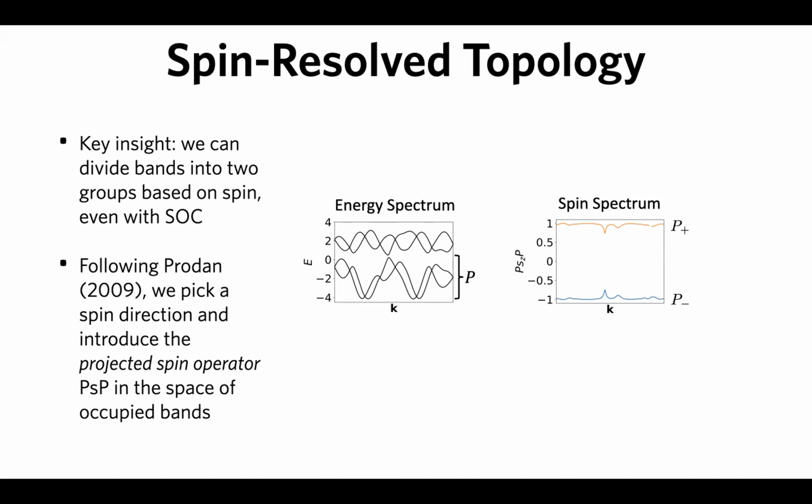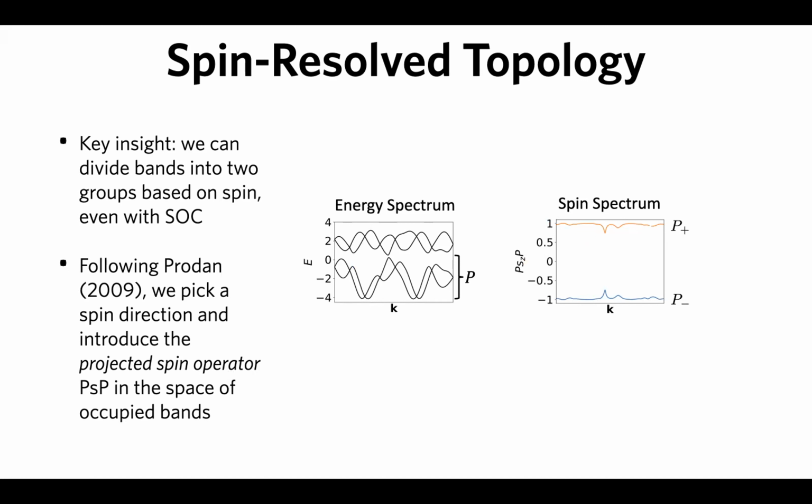If spin were conserved, so if these occupied states were all spin eigenstates, then if I plotted the spectrum, I'd see a bunch of 1s and a bunch of -1s in units of ħ/2. These systems have spin orbit coupling, so I don't see that. I see some wiggles, some band structure.